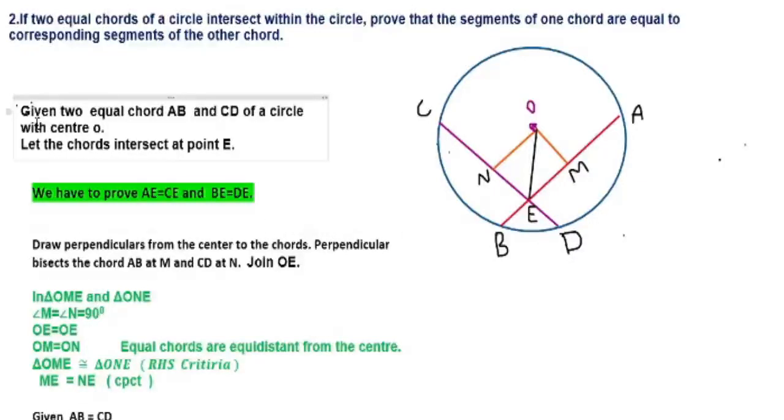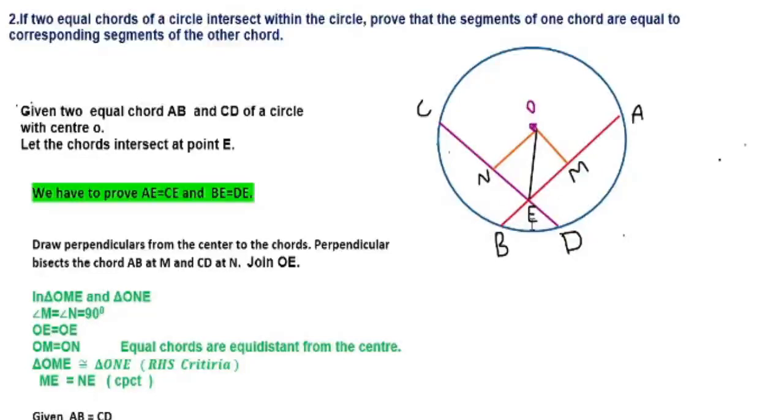So here we will write: given two equal chords AB and CD of a circle with center O, let the chords intersect at the point E. We have to prove AE equal to CE and BE equal to DE. Consider the chord AB: the corresponding segment of AE is CE, and the remaining ones are BE and DE.